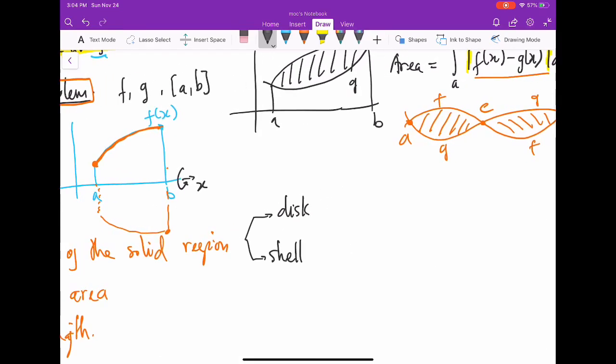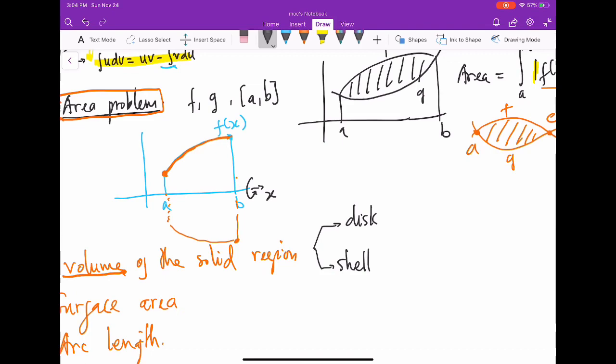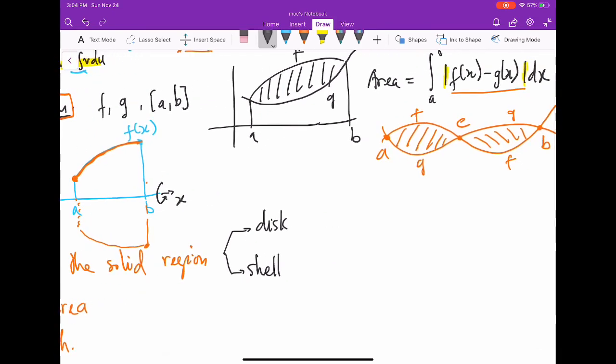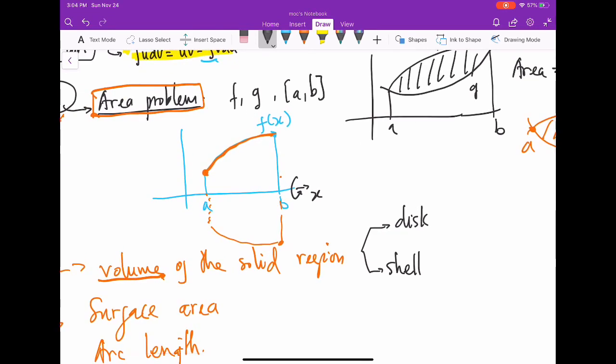So what does the disk method mean? When you rotate your curve about the x-axis, let me consider this picture. You want to find the volume of the solid of this region. Basically, I have to split my solid region into sub-solid regions.